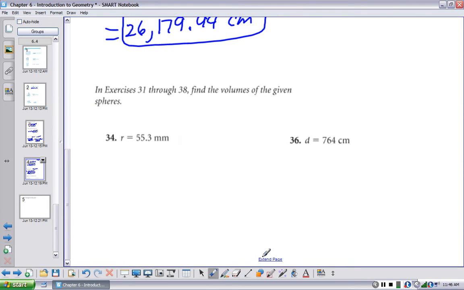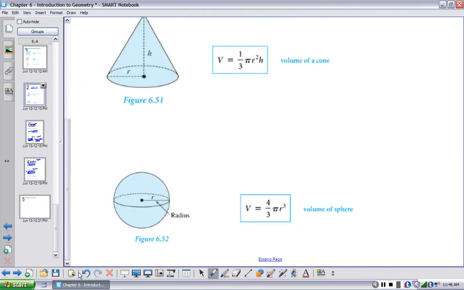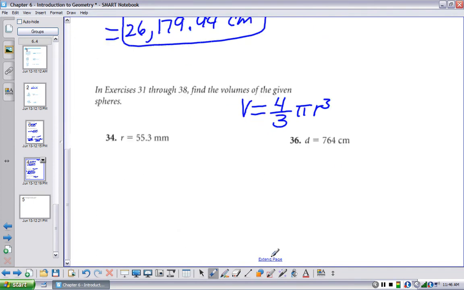And something we did not have on here, which we did, we just didn't go down this far. So let's revisit this. The volume of a sphere is 4/3 pi r cubed. So over here they want us to find the volume of some spheres, which is 4/3 pi r, not squared, but cubed.